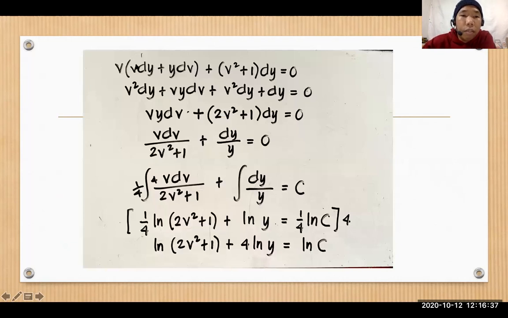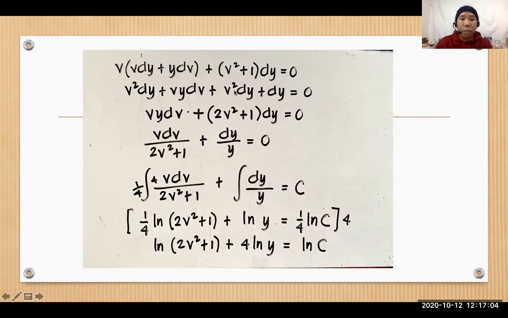giving us this resulting equation: v times v dy plus y dv, plus v squared plus 1 times dy equal to 0. Now we will distribute v in each term here. So v times v dy is v squared dy plus vy dv, and then distribute dy, so v squared dy plus dy.